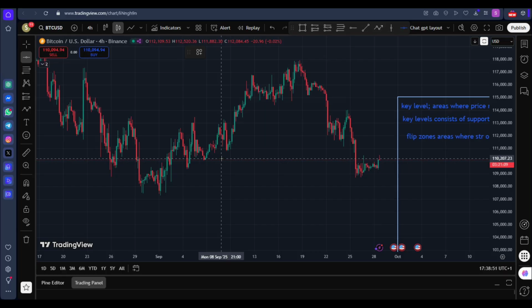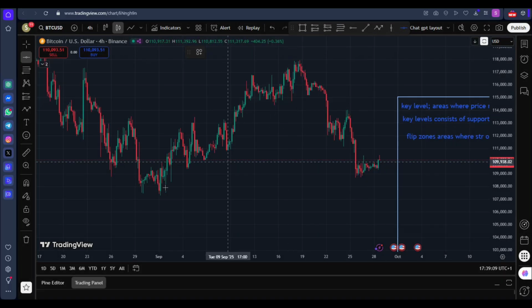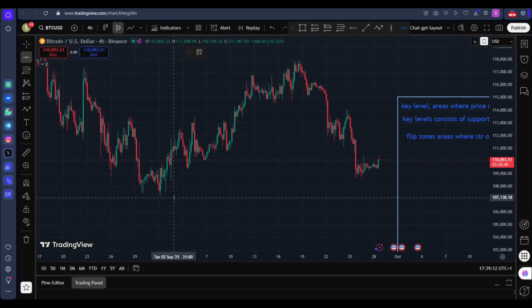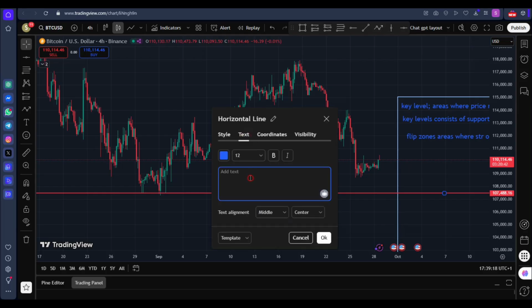But I do not typically use ordinary support or ordinary resistance when I'm looking at my key levels. I typically use only flip zones. So I'm going to show you an example of just support, an example of just resistance, and then an example of the flip zone. So here again, sorry for all these pop-ups, I'm not using my main account. Here we have support.